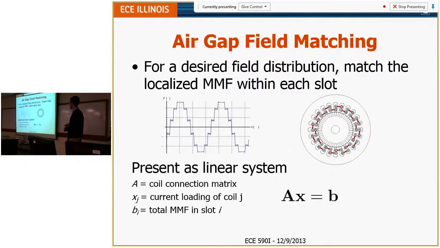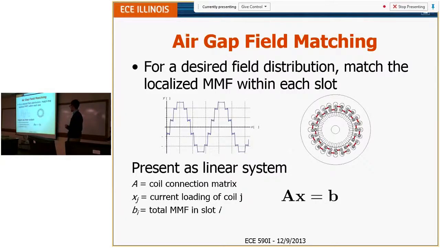The initial problem was that I'm given this MMF or magnetic field curve, and I want to create it in here. One way you can do that is creating a simple linear system where your system matrix A has to do with how your coils are connected throughout your machine.